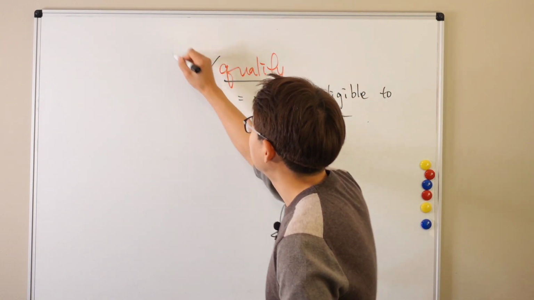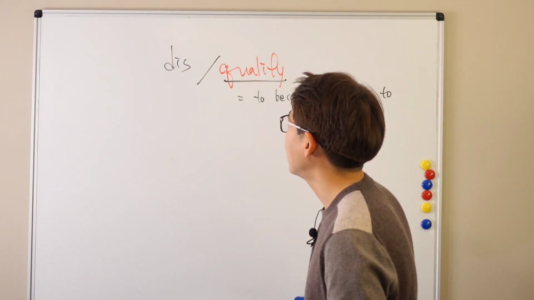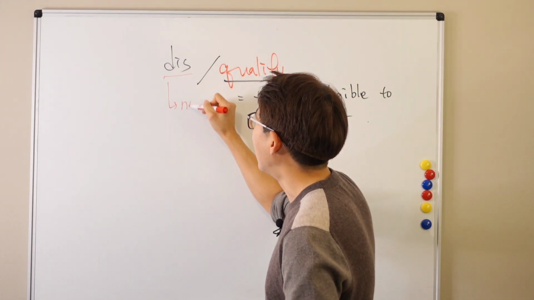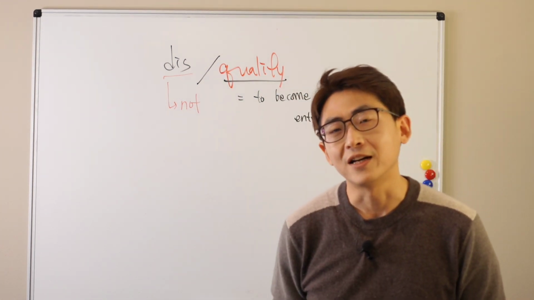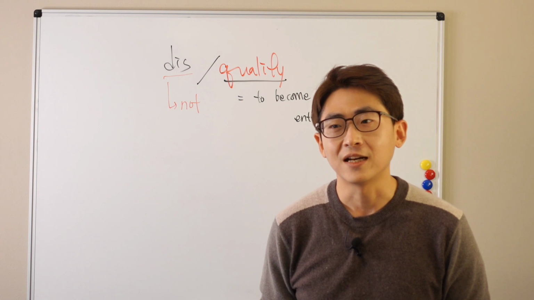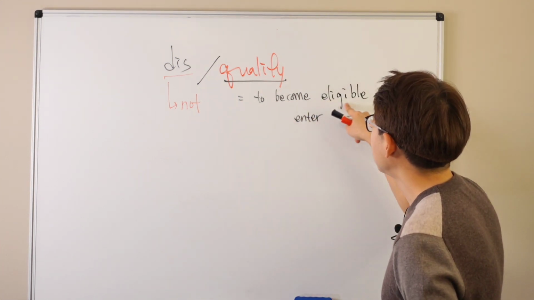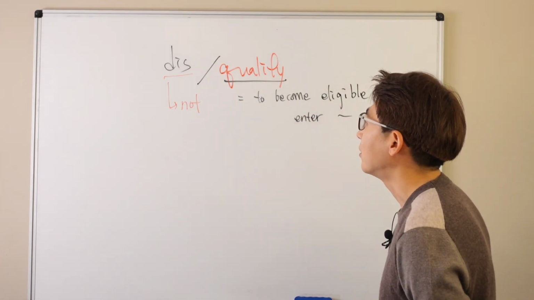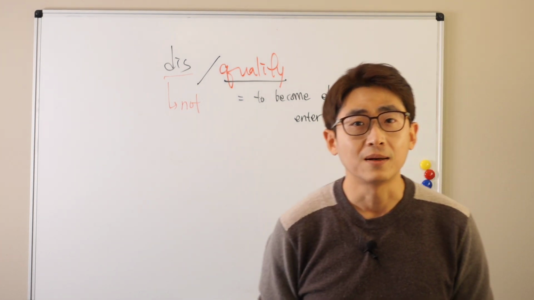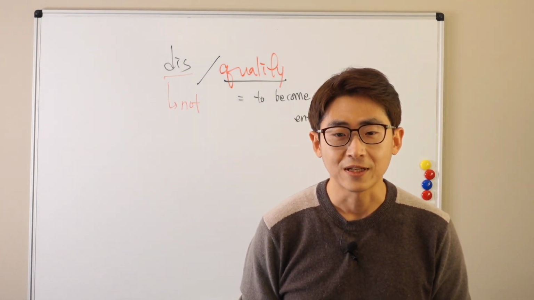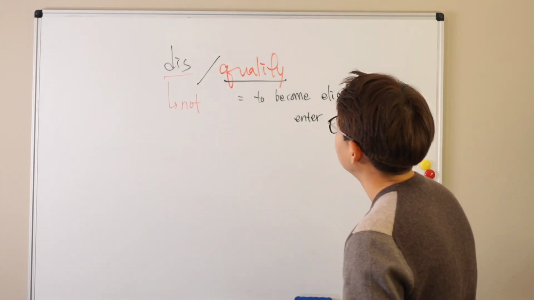And if you put dis in front of that one, it becomes not. So this is basically taking that eligibility away, and you're not qualified, you're not eligible to enter the competition anymore. So that's what disqualify means.